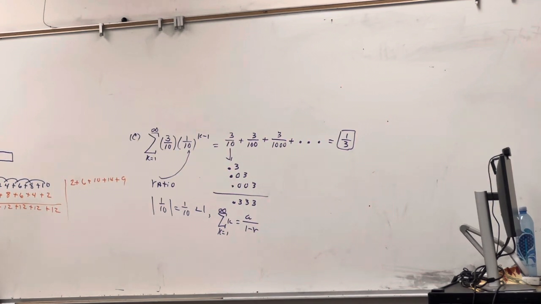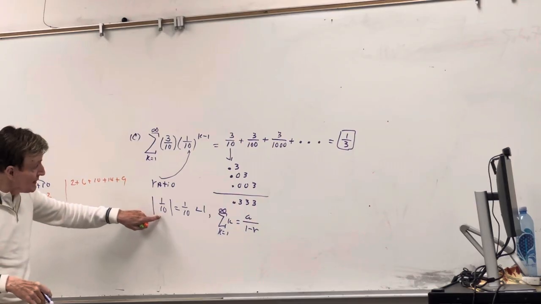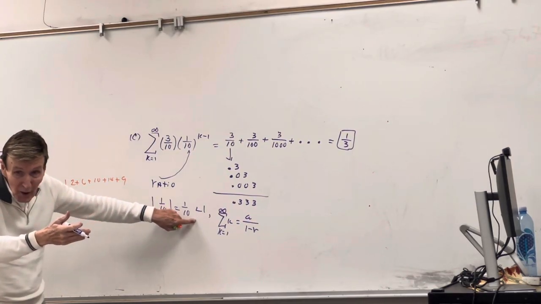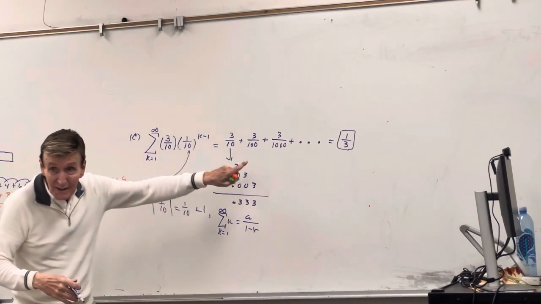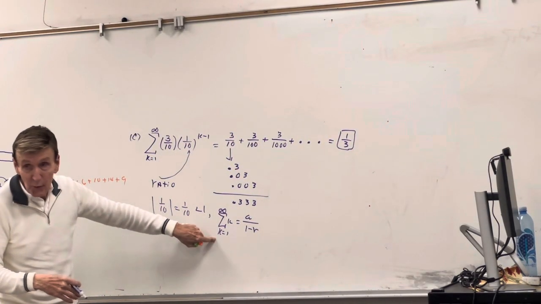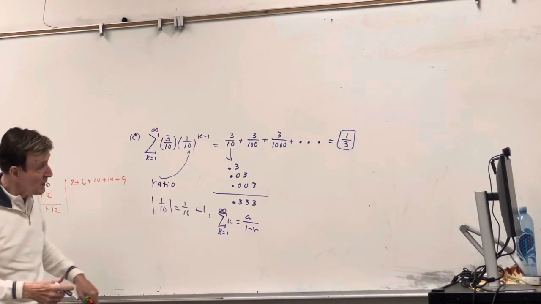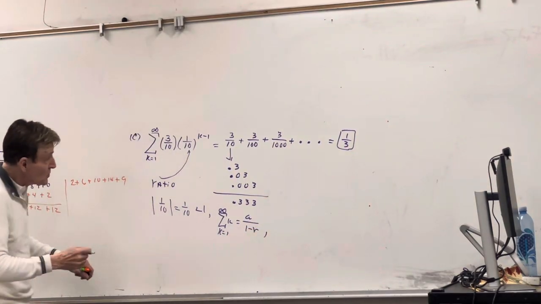If you'd like to use it, I'm going to just throw it out there. Now I'm going to use it here. I checked the absolute value of the ratio, absolute value of 1/10 is 1/10. The statement says if that number 1/10 is less than 1, it's going to be less than 1, then you may find this infinite summation by using this formula. Now I'm going to use the formula here, guys. In this case, a, my first term, was 3/10.